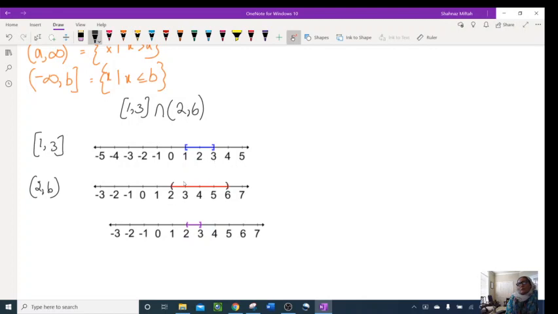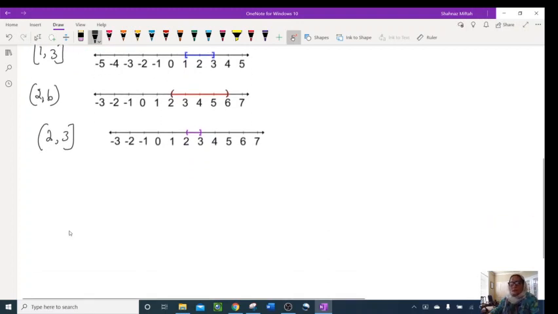You see, 2, 2, 3, and 3. 1 is not there, and 5, 6 is not included in this one. So the only common ones are 2 and 3. Do you see the 3 is included, and the 2 is not included because of that? So it's 2 not included, 3 included. Okay, so that's how this is going to go.